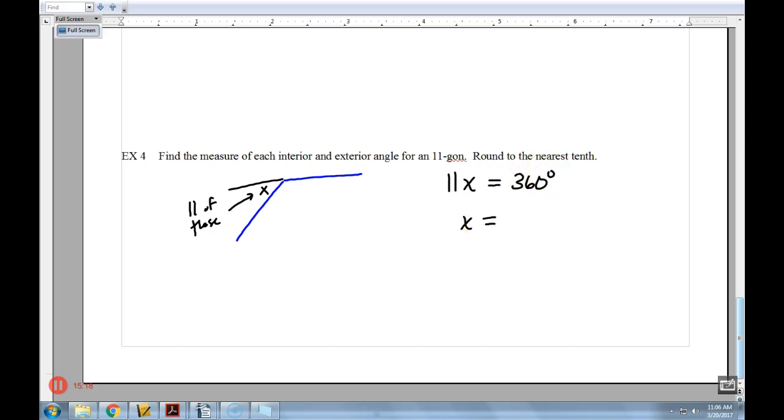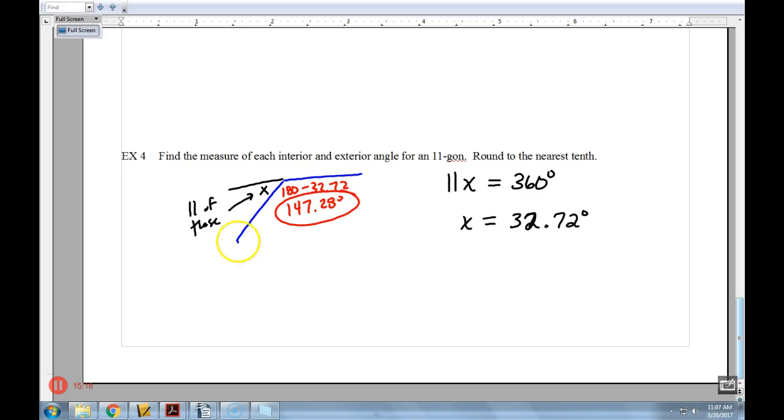We can find out what X is. 360 divided by 11 is 32.72 degrees. And then to find the inside, this is going to be 180 minus 32.72, which is 147.28. All right, so that's each angle inside there.